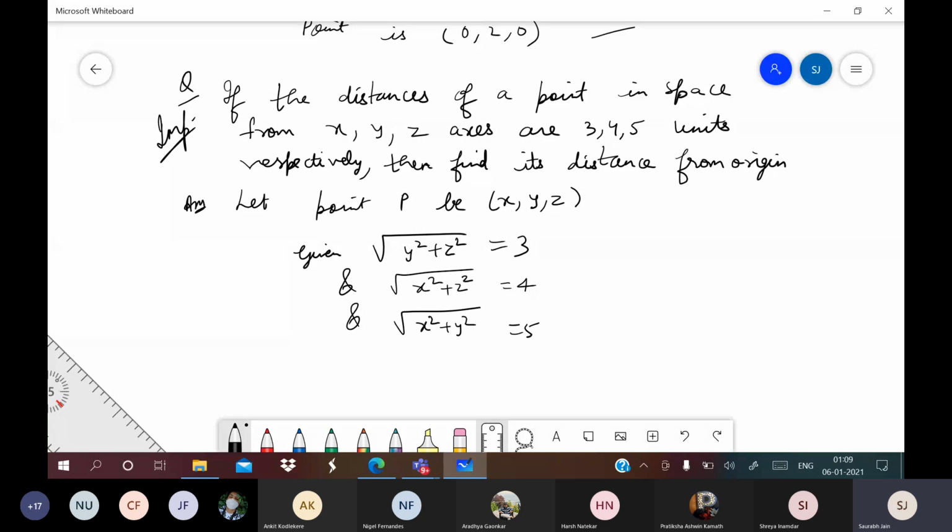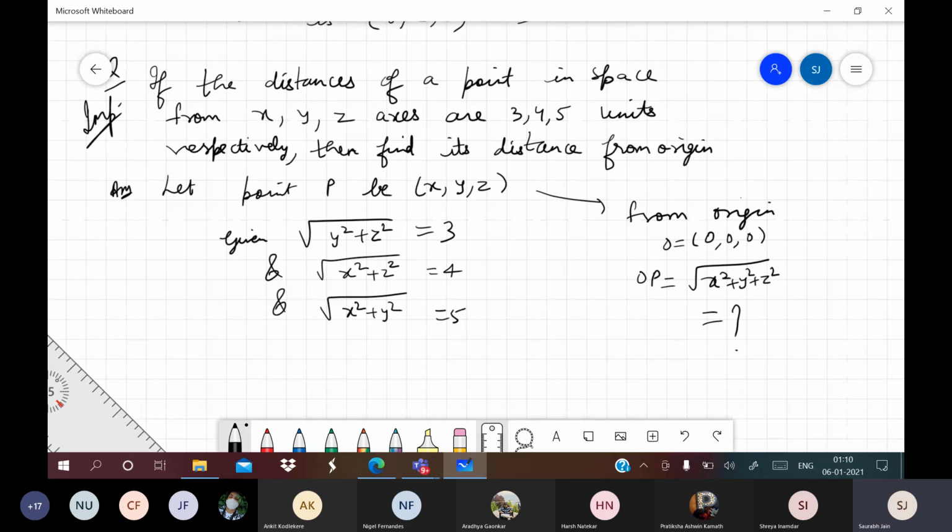What you have to find is distance from origin. What are the coordinates of origin? 0, 0, 0, right? So if we assume this as O, then what is OP? Use distance formula, it is under root x square plus y square plus z square. You need to find this value.